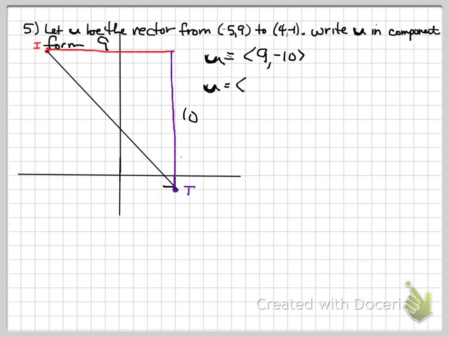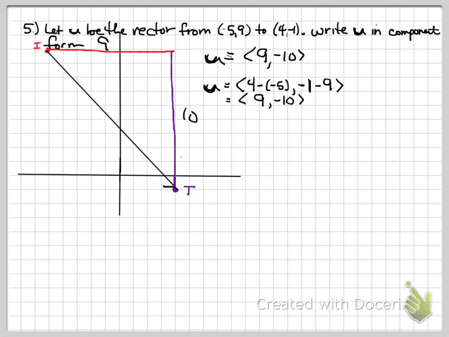I could subtract my initial point from my terminal point, so I could take the components of 4 minus negative 5, comma, again, subtract the y, same way, just take your terminal point minus the initial, and I get the same thing. So either way will work.